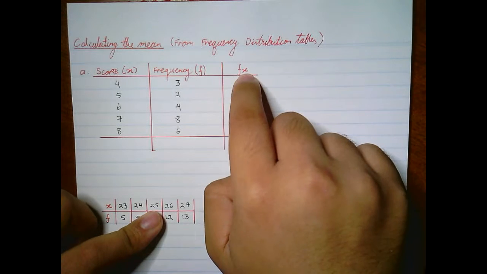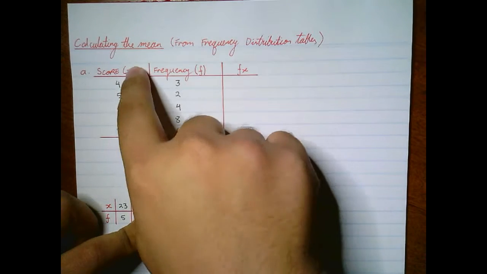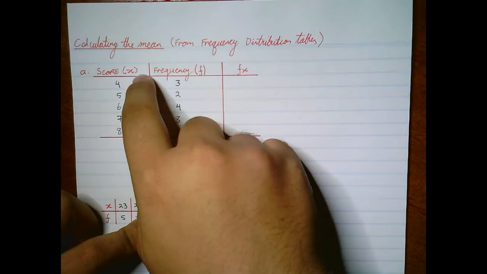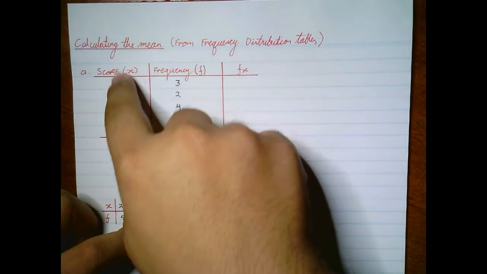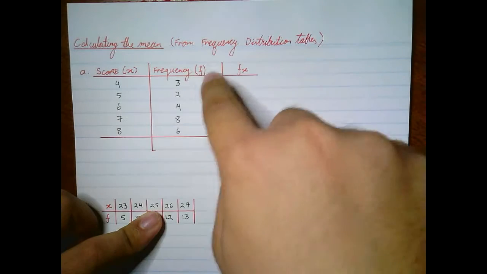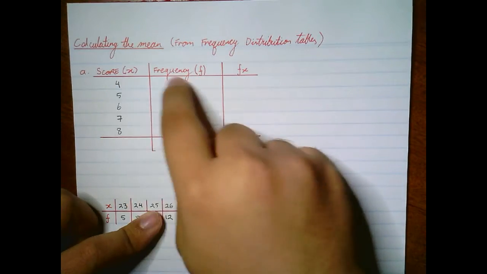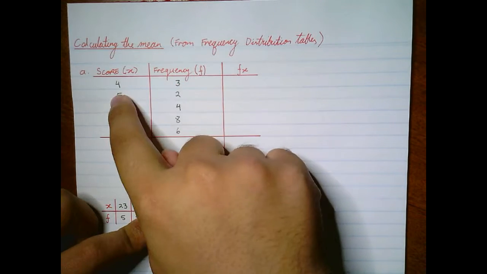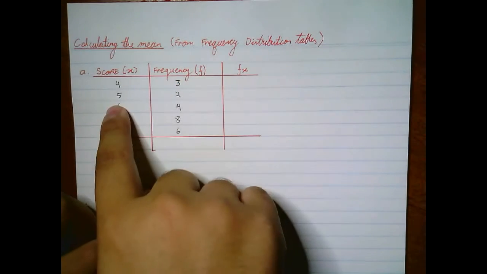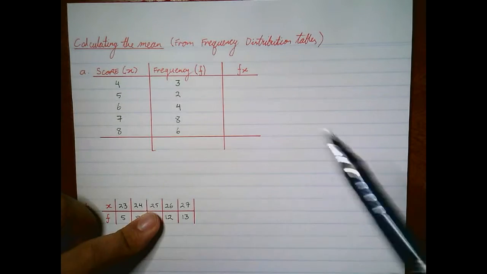What this fx column means is, the score is labeled x, so these are all our x scores, and f is our frequency. So this means 4 happened 3 times, 5 happened twice, 6 happened 4 times, and so on.